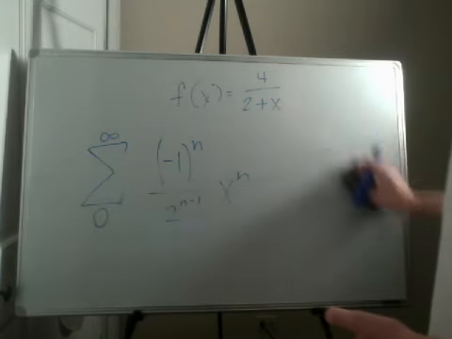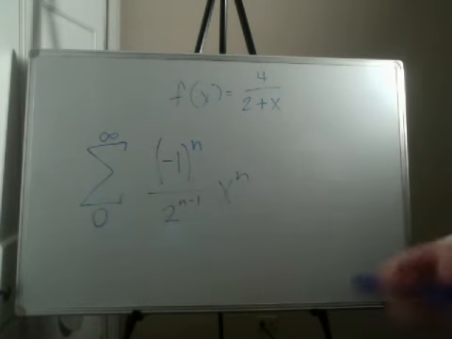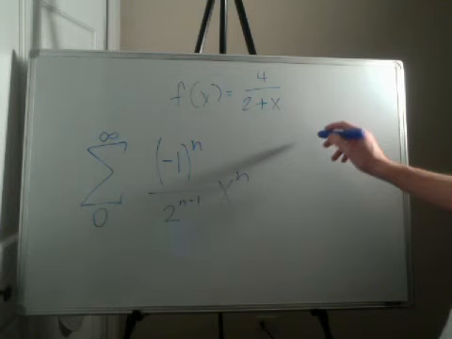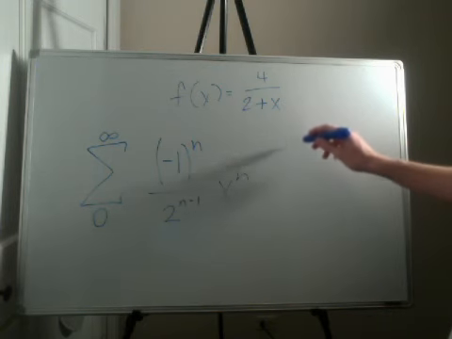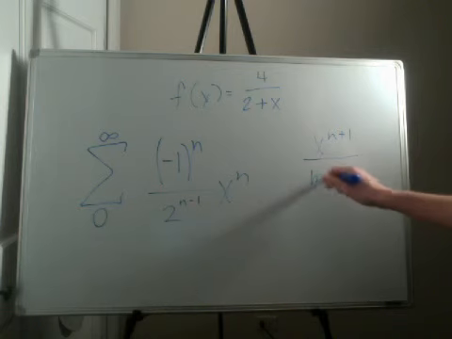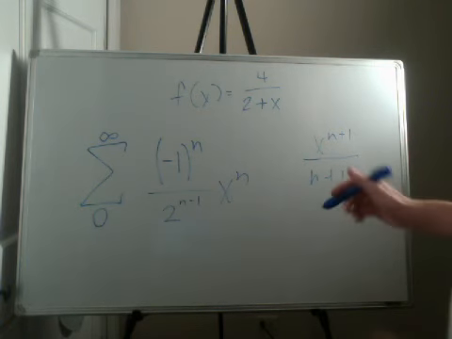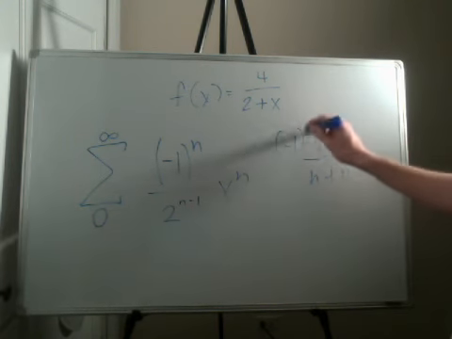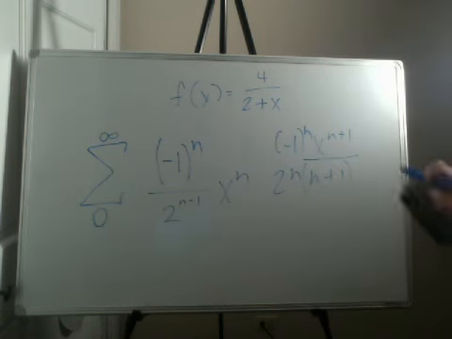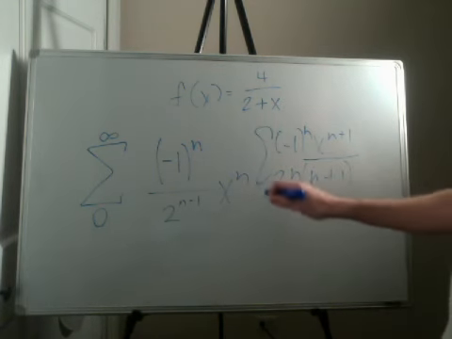You're also going to have the same interval of convergence when you are doing the derivative or the antiderivative. To get the antiderivative of this, it'd be the same kind of thing. You would have to do x to the n plus 1 over n plus 1. So in this case, you would then get that 2 to the n times n. That right there is the antiderivative, and it would be in a series like this.